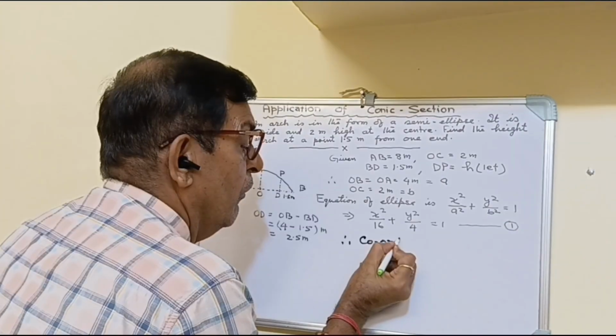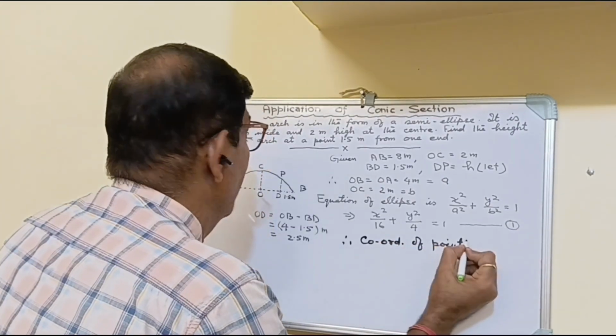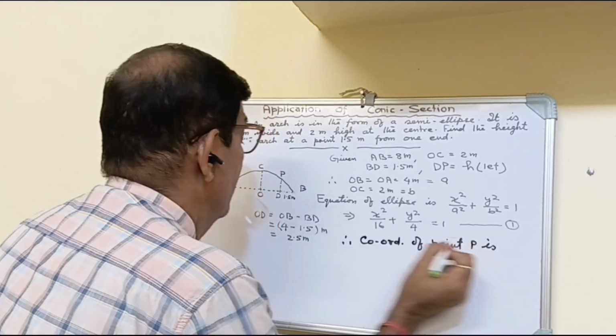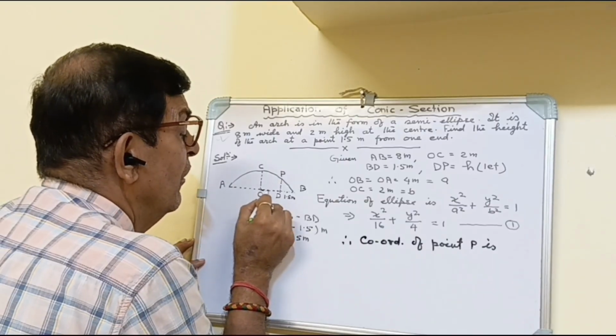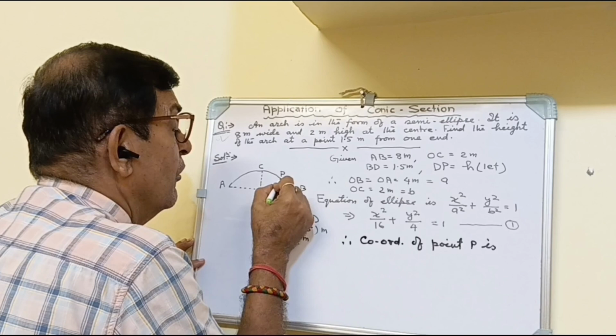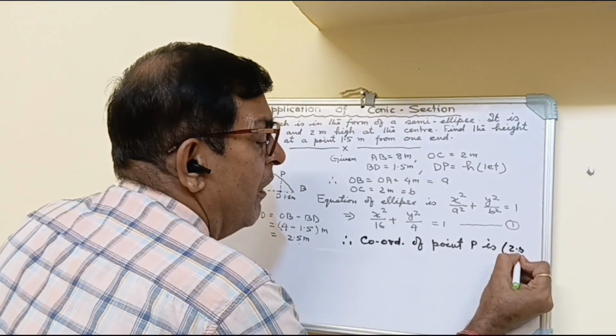Therefore, the coordinates of point P: O is the center, that is the origin, OD is equal to 2.5, DP is equal to h. The coordinate of point P is (2.5, h).